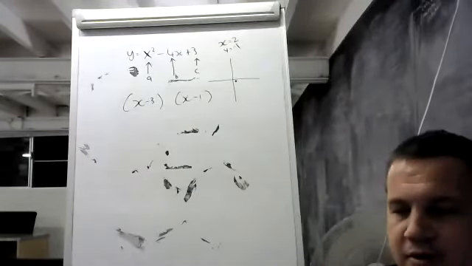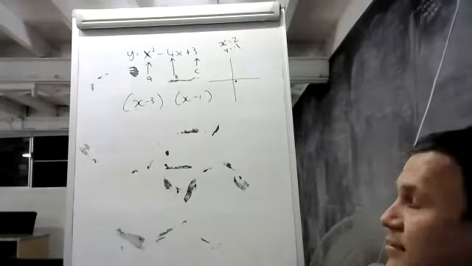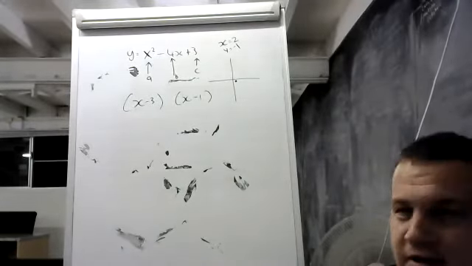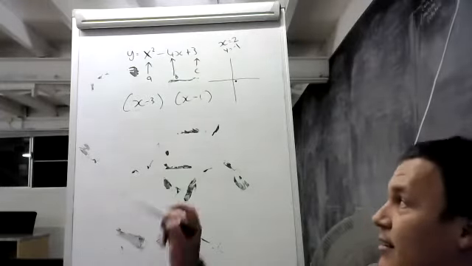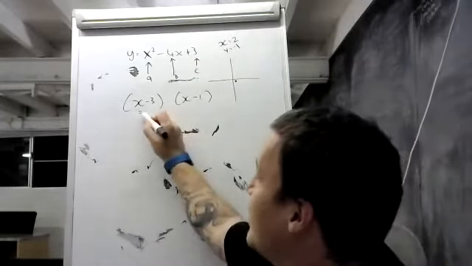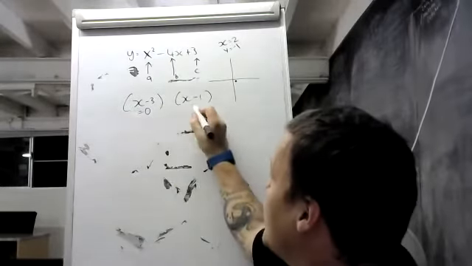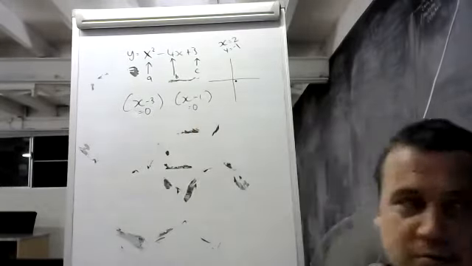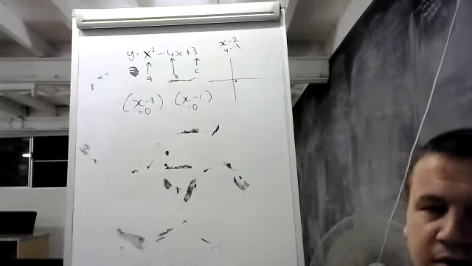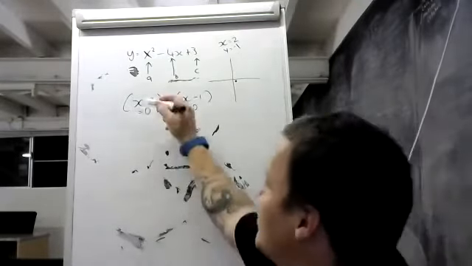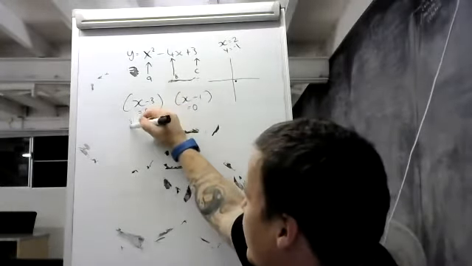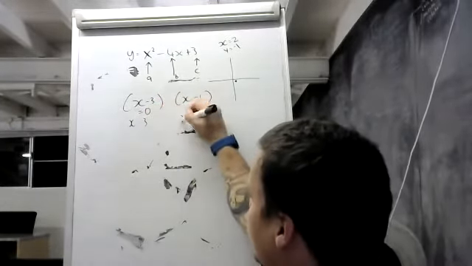There's a concept when you're graphing parabolas, the 0 factor property. So we assume that x minus 3 equals 0 and x minus 1 also equals 0. So x would equal 3 and x would equal 1.